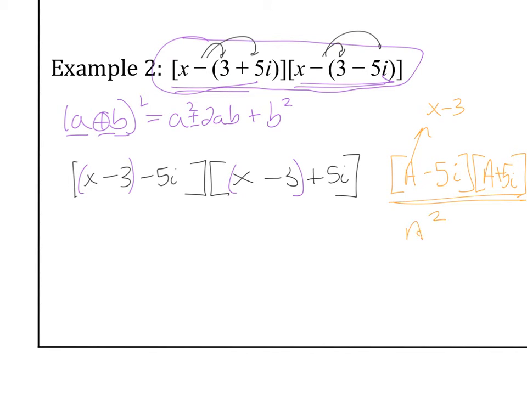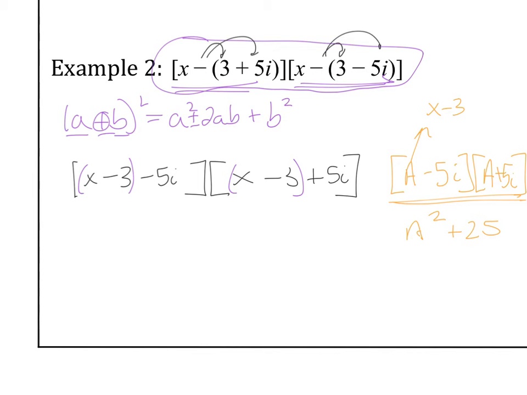becoming a squared plus 25. You know, it always is the case that it's the first thing squared and then minus the second thing squared, and of course, minus the second thing squared was plus 25. I'm going to use that pattern here. So instead of actually multiplying this whole thing out, I'm just going to use the fact that it's going to be this thing squared minus this thing squared.